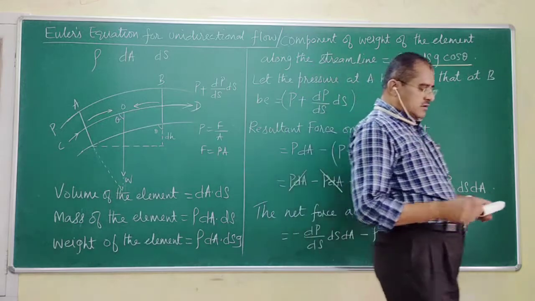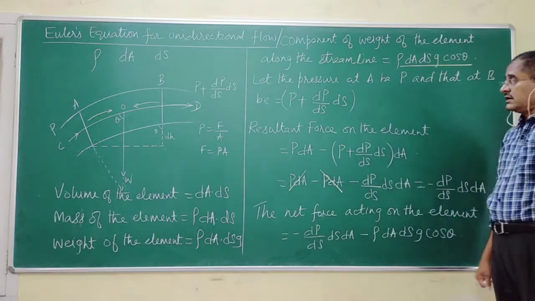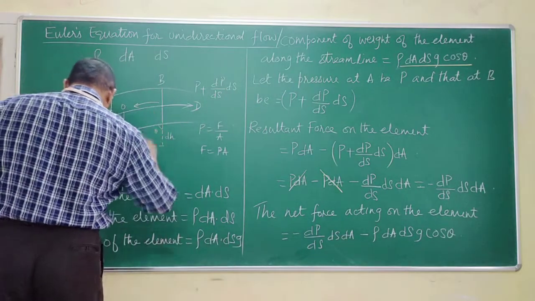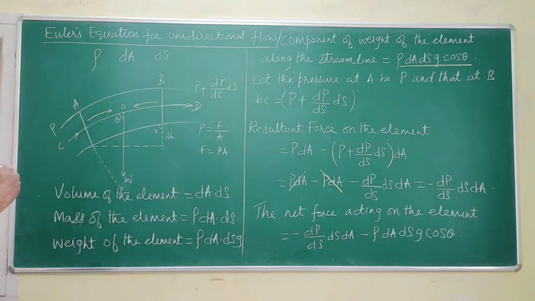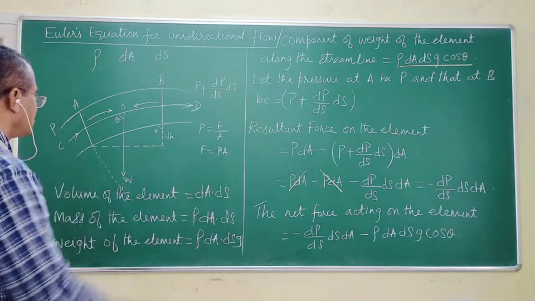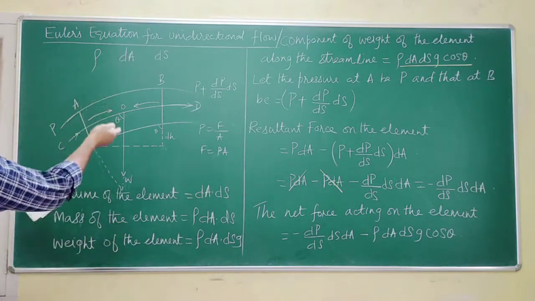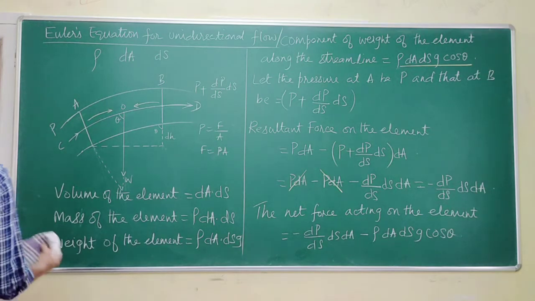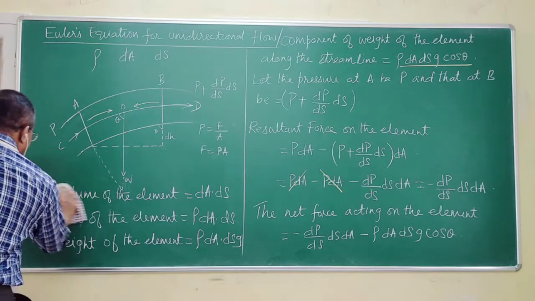Now, the difference between heights at B and A. A and B are not perfectly flat, not perfectly horizontal. There is a difference in heights between A and B. And therefore, let me rub this off.